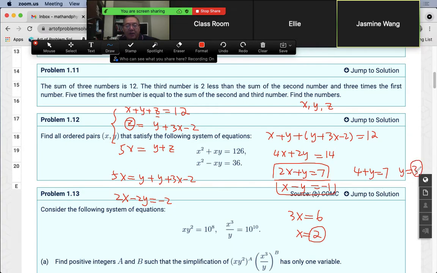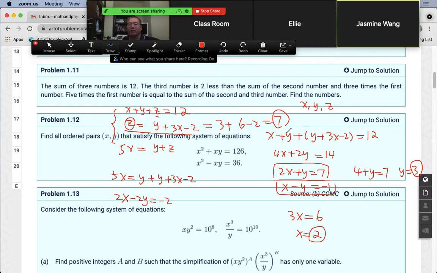After you get y equals 3, then you can plug into this equation to find a z. So that will be 3 plus 3 times 2, that's 6, minus 2. So you got this one equals 7, right? So you got x equals 2, y equals 3, z equals 7.